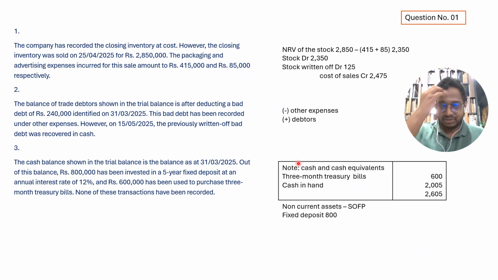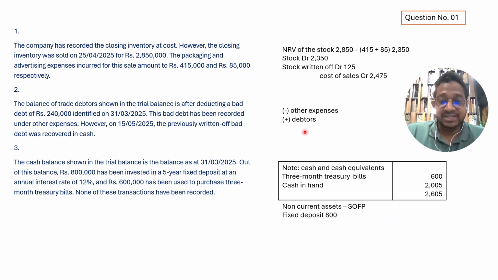But you can't record the bad debt recovery as other income, right? Because this happens after the reporting period but before authorizing the financial statements, which means you can adjust that. It is an adjusting event as per LKAS 10, the events after the reporting period standard. So in this case, you have to reverse the bad debt entry.